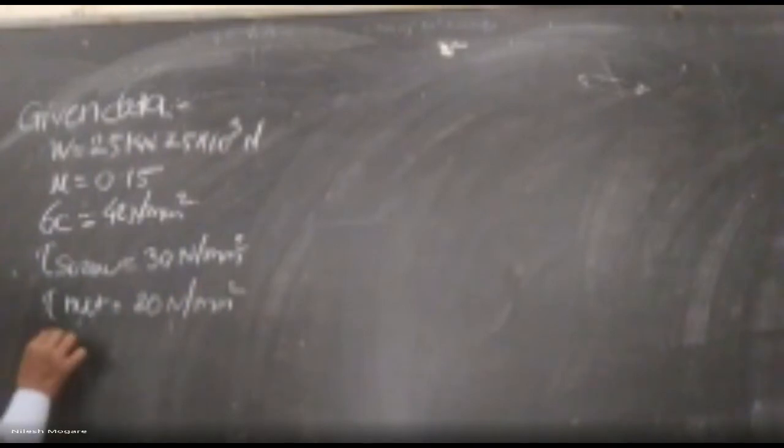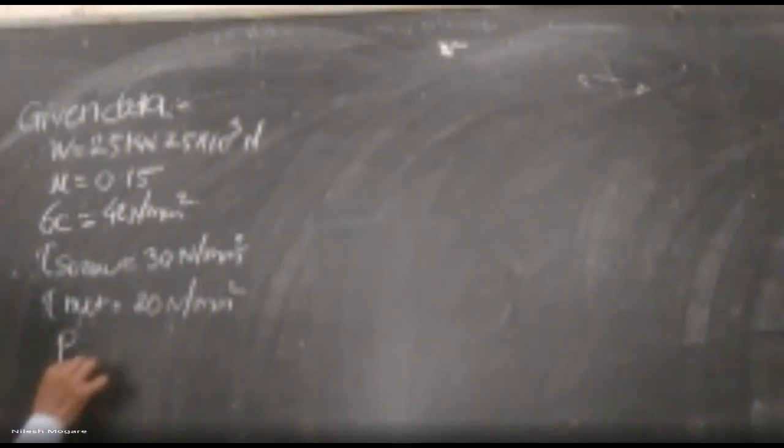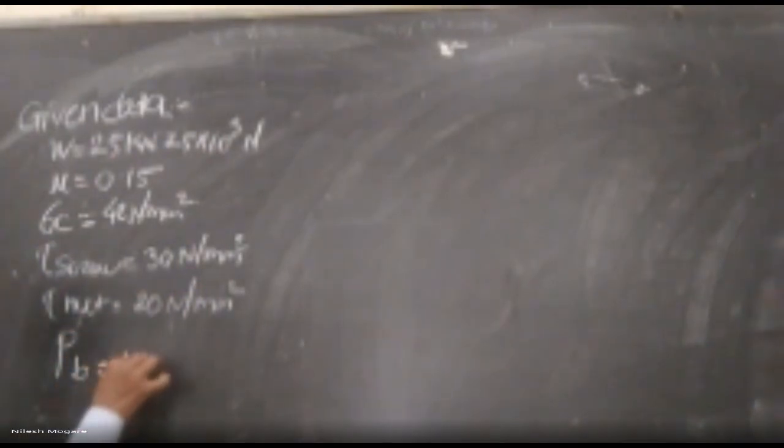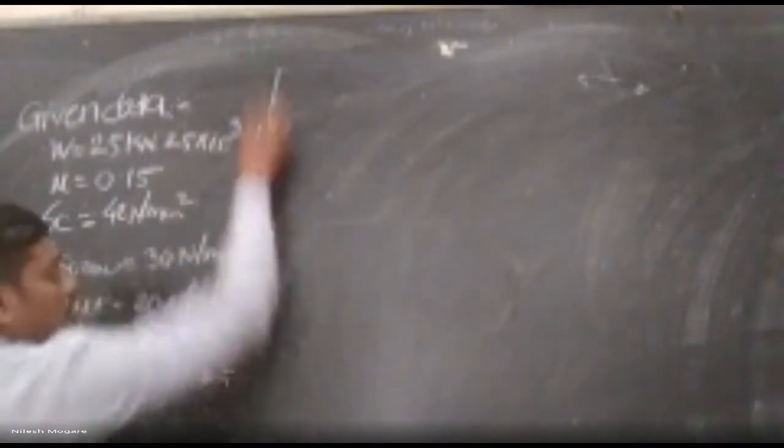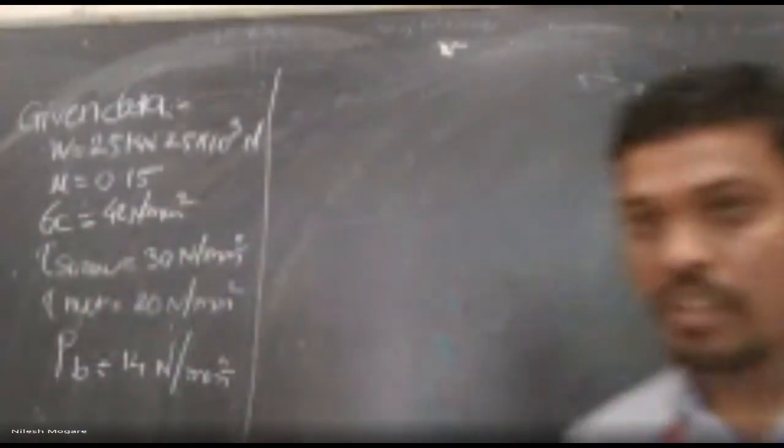And then bearing pressure PB is equal to 14 Newton per mm square. So these are all the given data, and with the help of that, we have to design our screw jack.